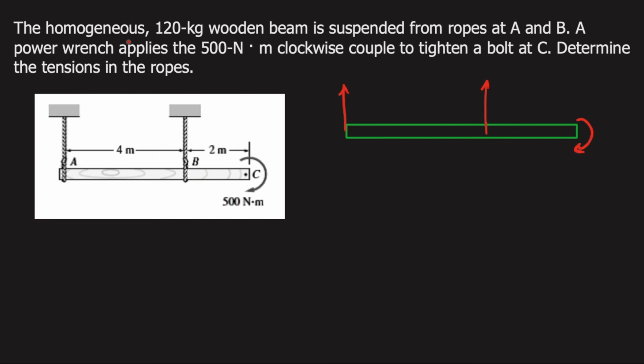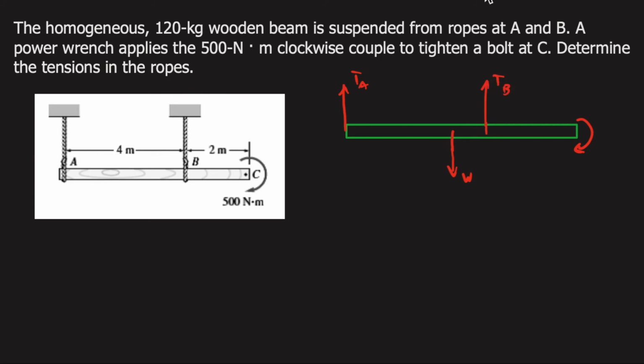Now since this is a homogeneous wooden beam, we can assume that the mass is concentrated at the center of gravity, so it's here at the middle. So this is the weight of the object. So this TA, this TB.